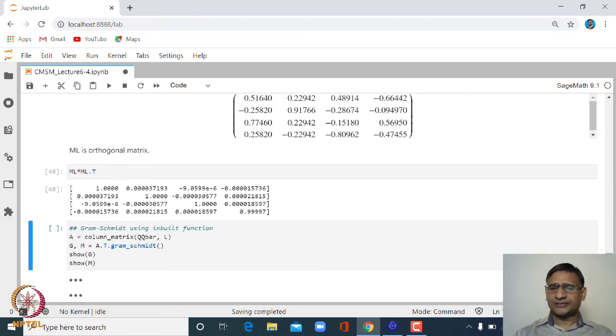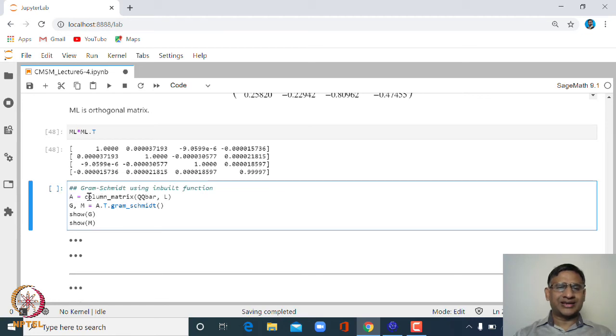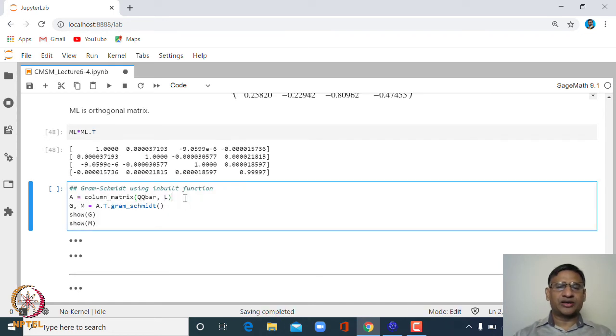Next let us look at this. There is an inbuilt function to perform the Gram-Schmidt orthogonalization process. Suppose you define a matrix which is a column matrix of the set of linearly independent vectors. We have already defined what L is. L is a set of linearly independent vectors V1, V2, V4 in this case, and define A to be the column matrix over QQbar.